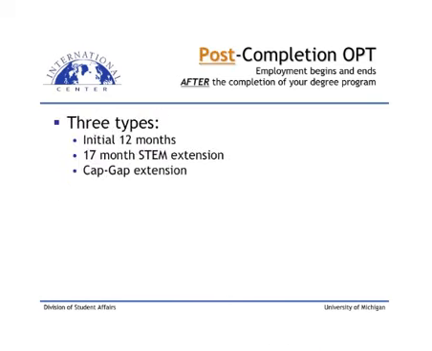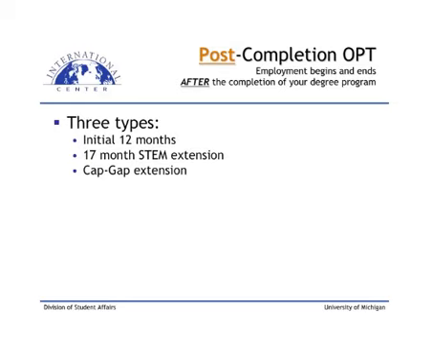Next, we will discuss post-completion OPT. Remember, this is when the employment authorization begins and ends after the completion of your degree program. There are 3 types of post-completion OPT. Your initial 12 months, which could be reduced if you've used any pre-completion OPT, 17-month STEM extension, and CAP-GAP extension.